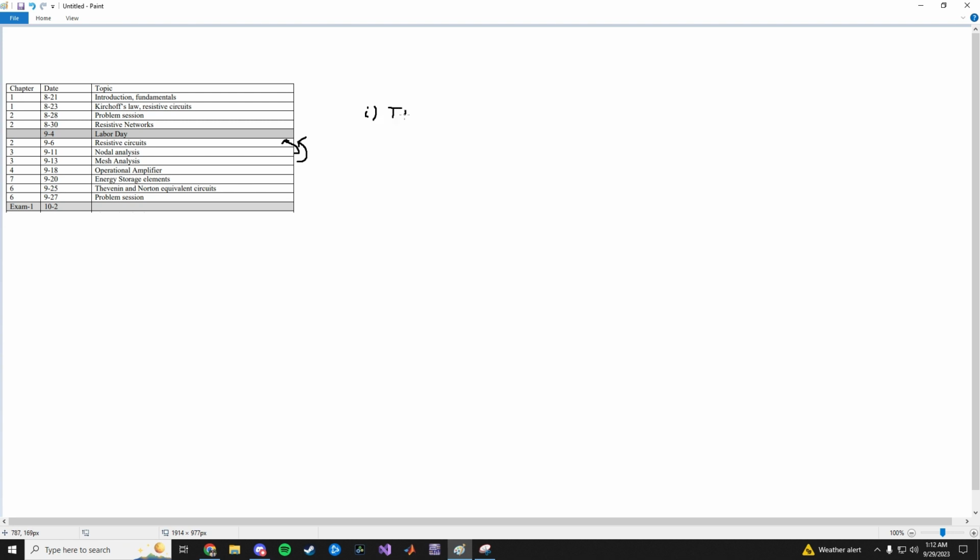Thevenin and Norton are basically the same thing. Thevenin's theorem states that any resistor network, so let's just draw a random one, containing only, in this case, independent sources, so either independent voltage or current sources, and resistors.